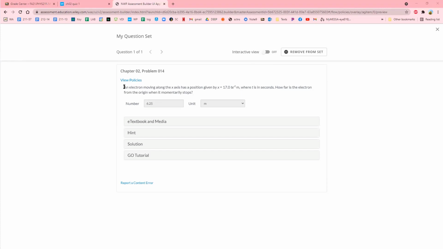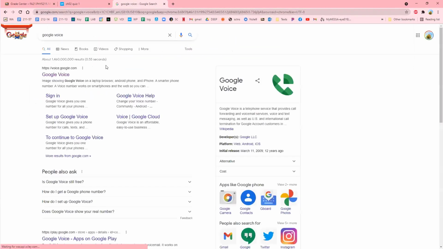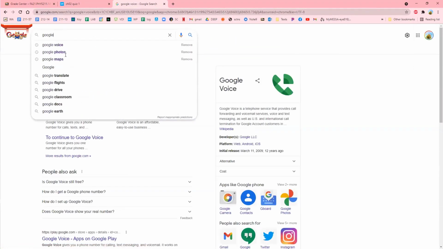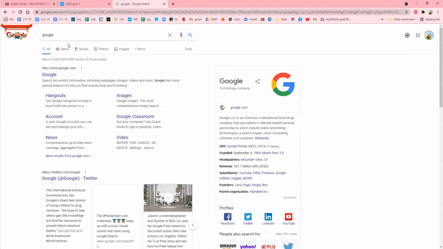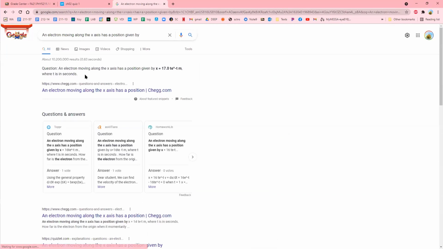Just take a portion of the question statement, copy that, and then go into a Google input window and paste that portion of the problem statement in Google. And then there you go.